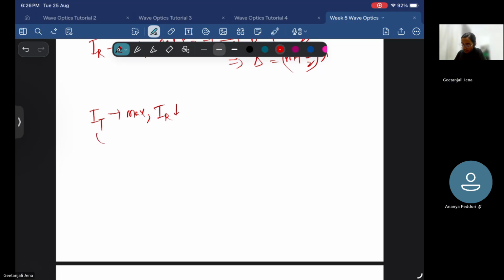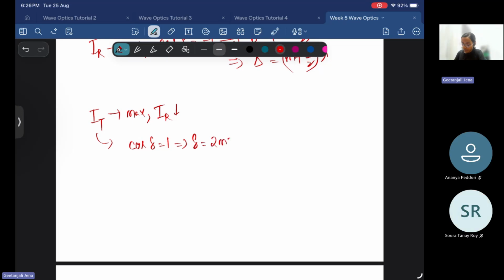So I_T will be maximum when cos of delta is 1. And this will be the case when delta is 2m pi, or the path difference is m lambda.